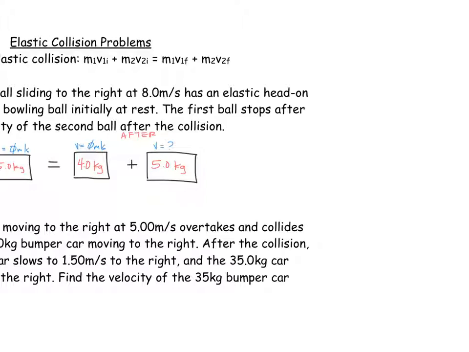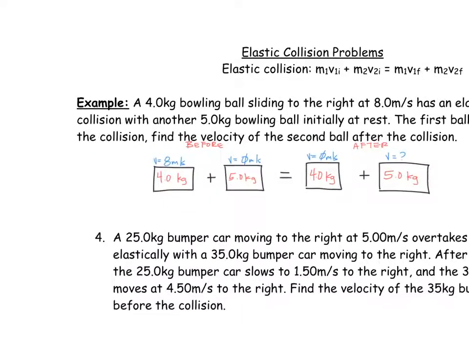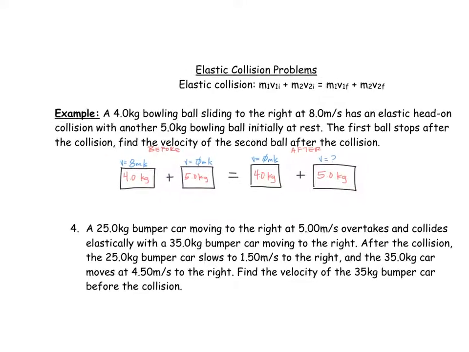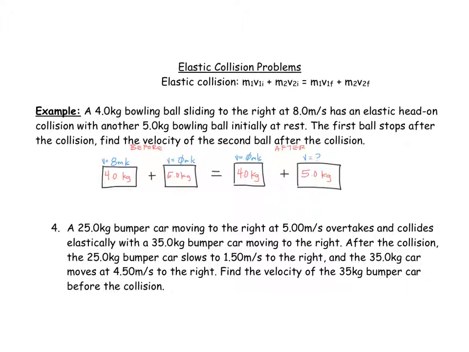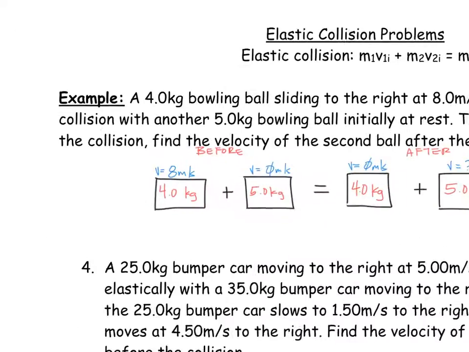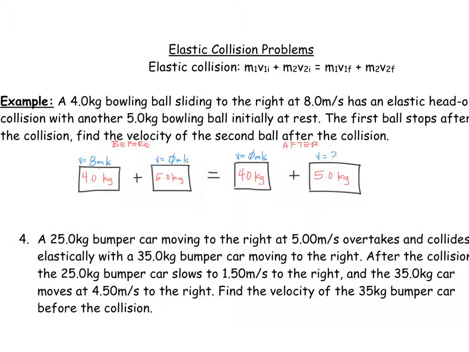Okay, so we've got the masses and the velocities of each. Now, what's going to go below the boxes are their momentum. Each bowling ball has momentum. And remember that momentum is mass times velocity.